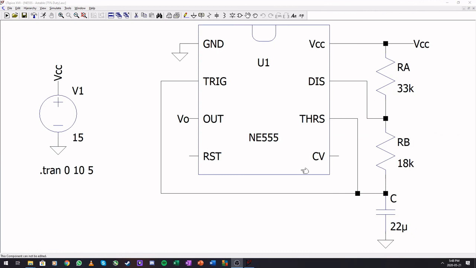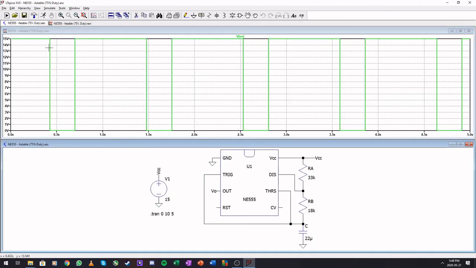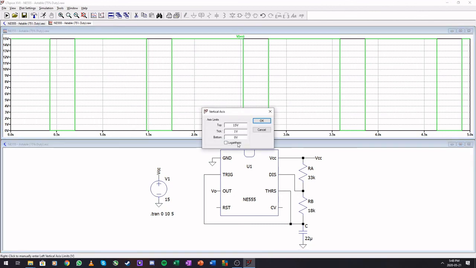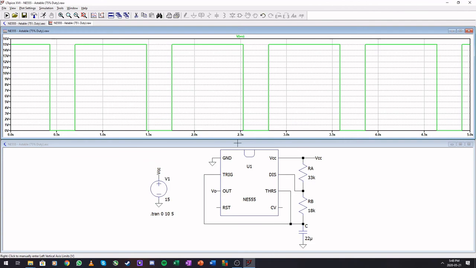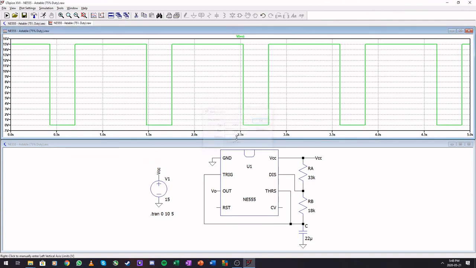Here is my 75% duty cycle. If we run this and check out the output, let's increase this. Okay, so it is spending a lot of time on and a little bit of time off.